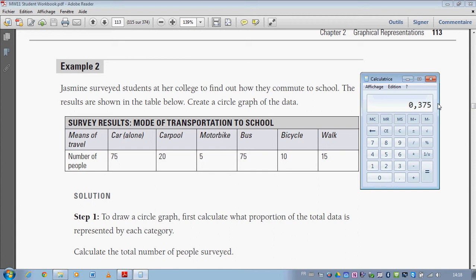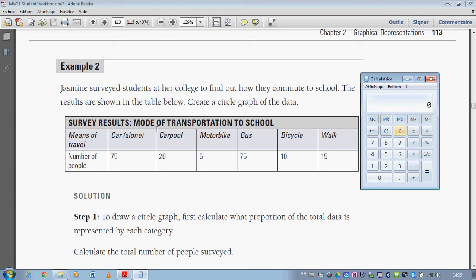Because once again, a circle has a total angle of 360 degrees. So if you're trying to figure out how many degrees 37.5% should occupy in the circle, you take that and you multiply it by 360. The people that take the car, that would be a category that would occupy 135 degrees.